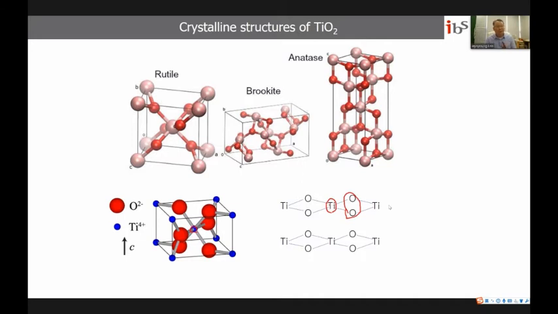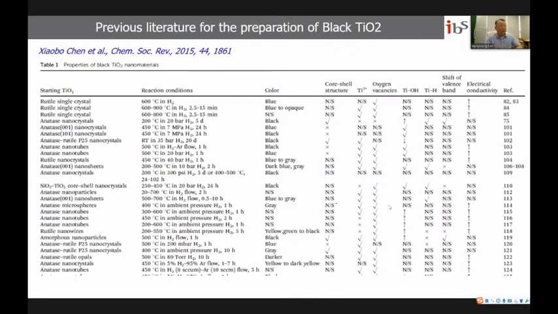Depending on the crystal form, there are three different forms in nature, usually the rutile phase and the anatase phase. As I mentioned in the historical milestones, over 50 years, people have been working on making black TiO2.